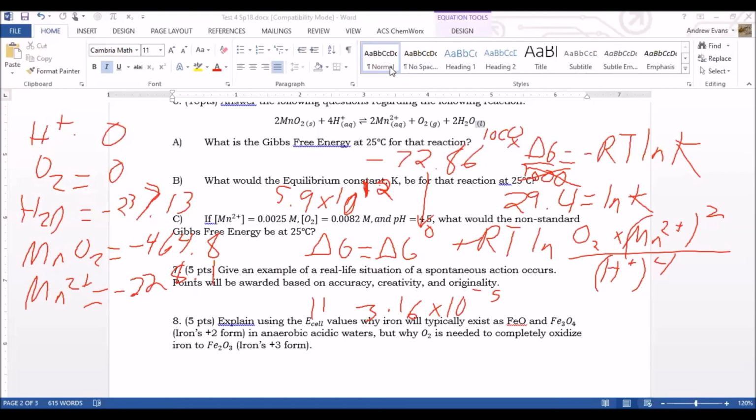That's H+. So now plugging that in. Our Q value, 0.0082 times 0.0025 squared divided by 3.16 times 10 to the negative fifth to the fourth power. Q is equal to 5.13 times 10 to the 10th.